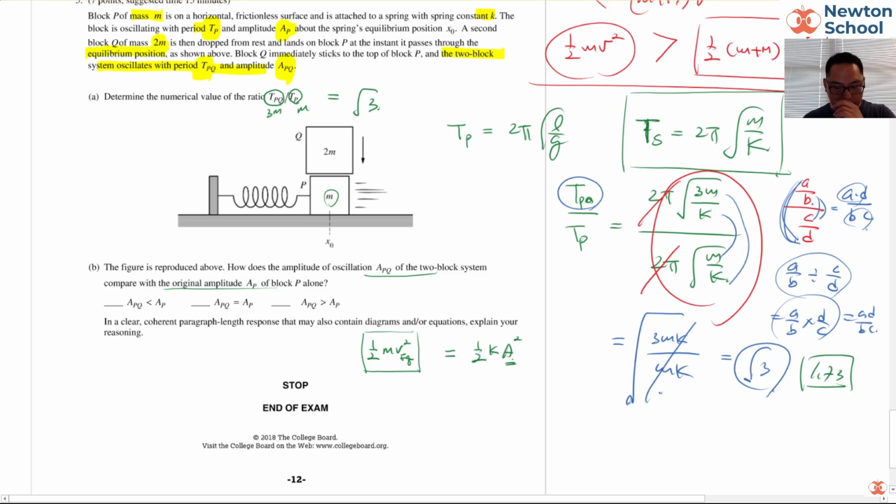All right, so from here you can cancel the half, and amplitude squared will be mv squared over k, right? Basically the amplitude is this.